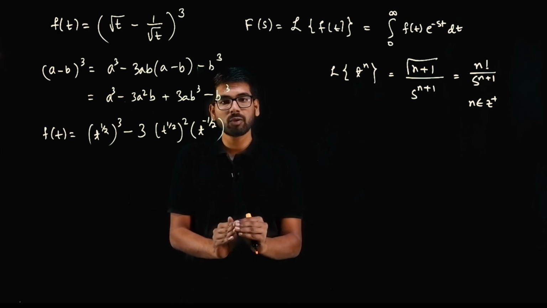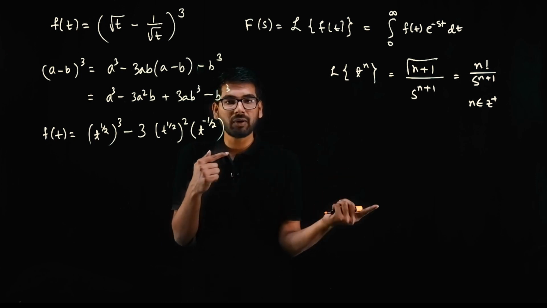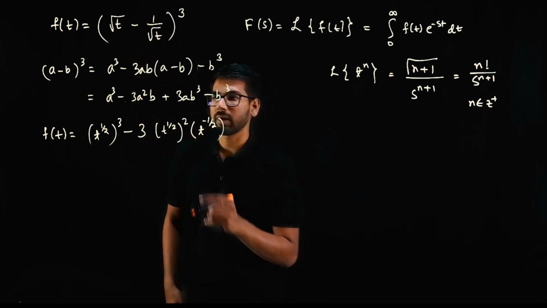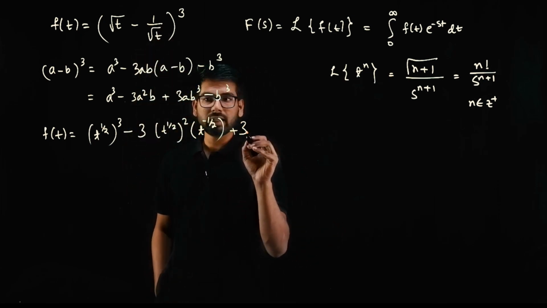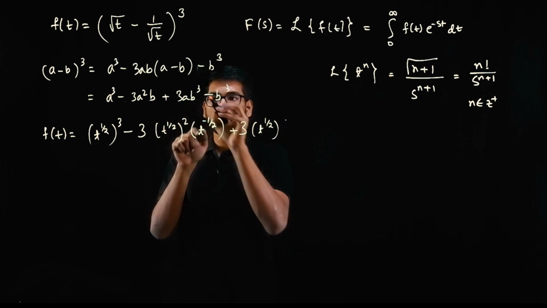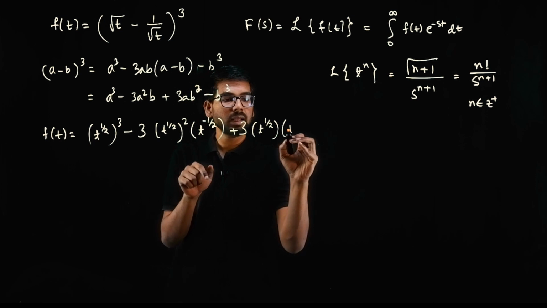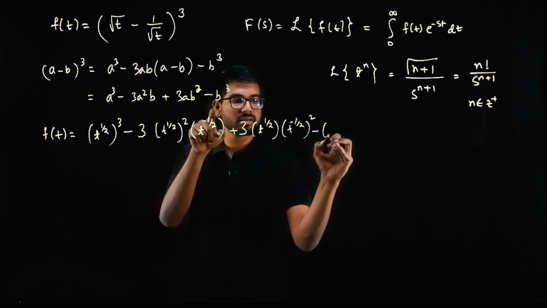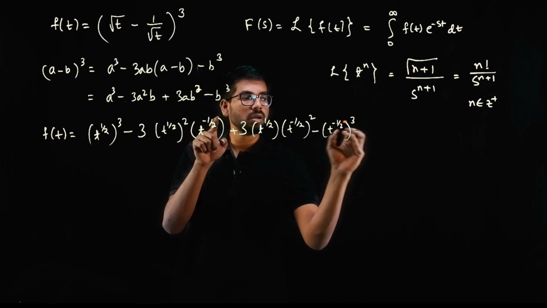Whenever you bring something from denominator to numerator, the sign of the power changes. So plus 1 by 2 in the denominator will become minus 1 by 2 in the numerator. Then plus 3 into a, which is t power 1 by 2, into b square, which is (t power minus 1 by 2) square, minus b cube, which is (t power minus 1 by 2) cube.